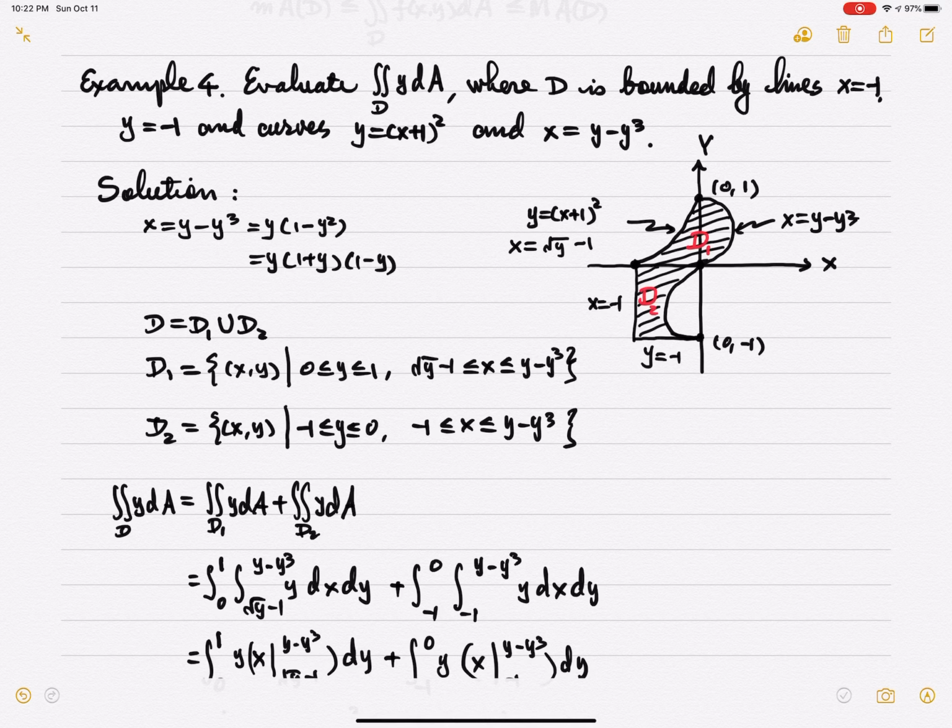So you can think about it: if the surface is under the xy plane, you're going to have a negative volume. The integration is the negative volume.